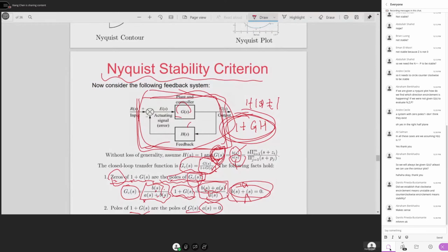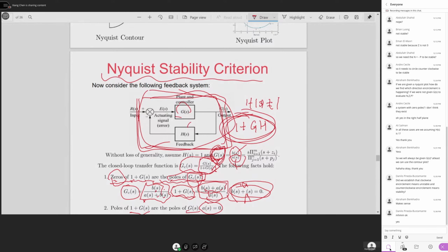So that is why I'm saying that counterclockwise encirclement is a necessary condition, but not a sufficient condition. So you have to check those equations further, to make sure the closed loop system is stable. Any other question?